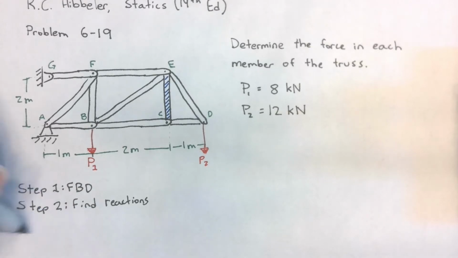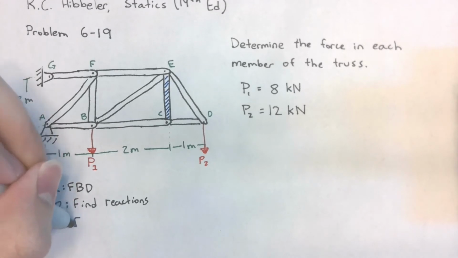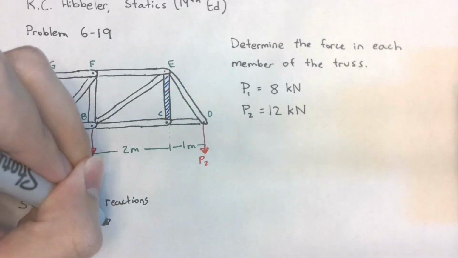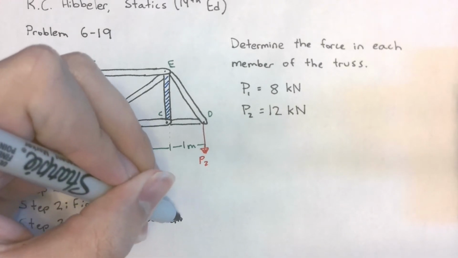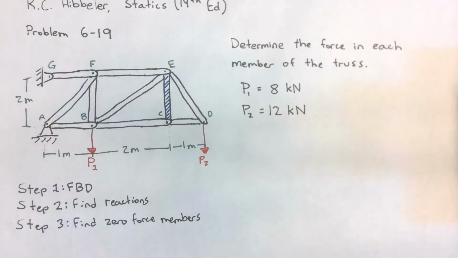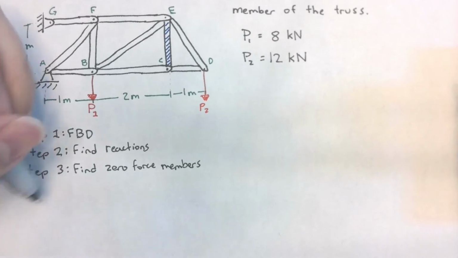So I'm going to write step 3, but it's kind of a conditional step: find the 0 force members. And finally, we can start our problem. We're going to solve this problem using the method of joints.